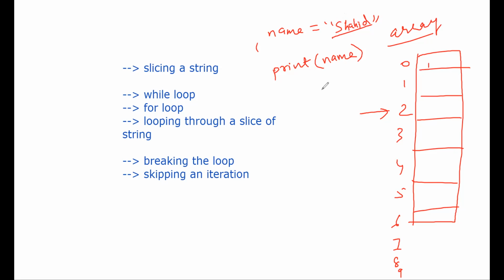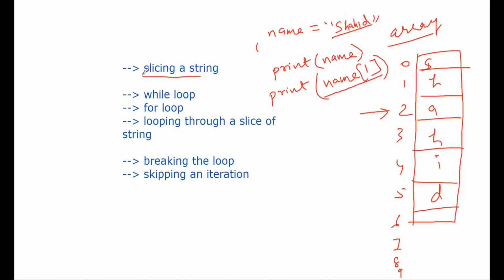But here, if I specify index number 1, what would I get? H. Yes, right. Because this is how it is stored here. So I can read a specific index. By specifying the index number, I use square brackets and I specify the index number here.